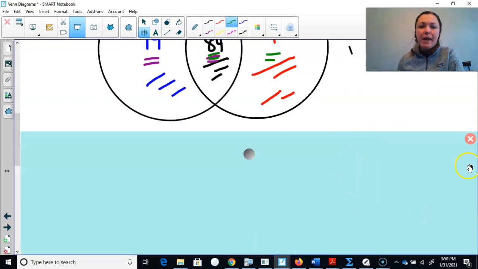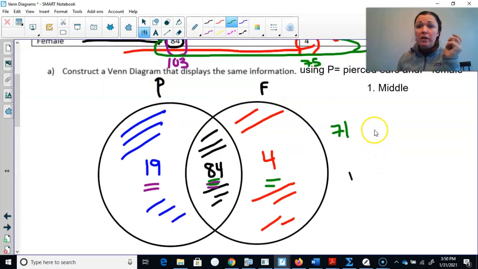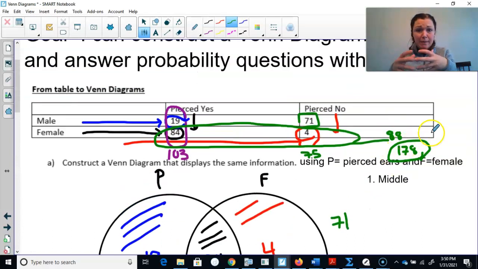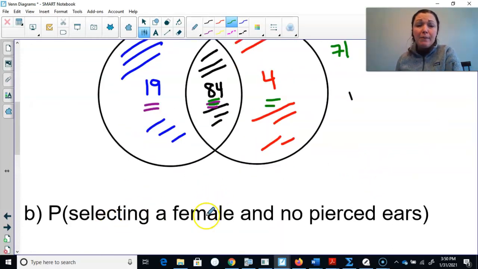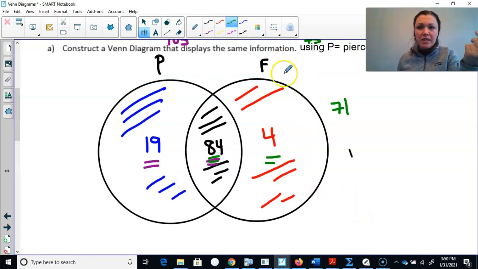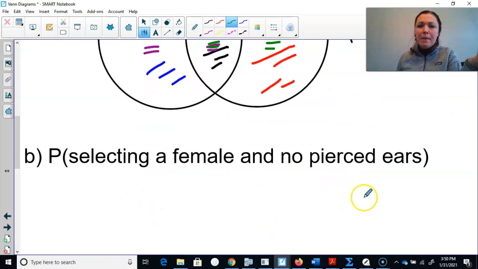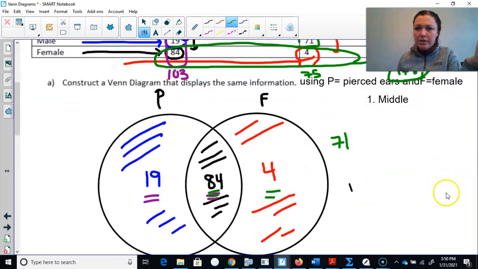And then you'll be asked probability questions off this. So what's the probability, if everyone was in a hat, so all 178 people's names were in a hat, that I would select a female who had no pierced ears? We can identify that from the Venn diagram or from the table, but there are a total of 178.